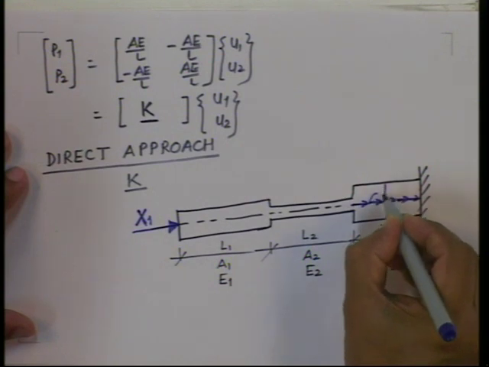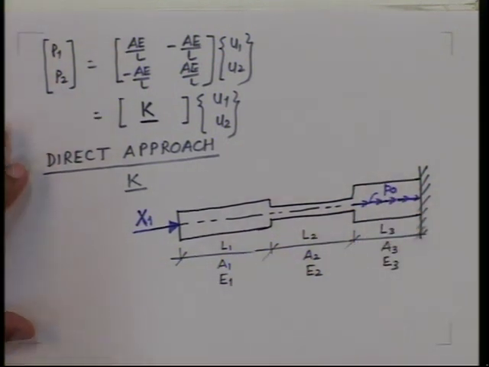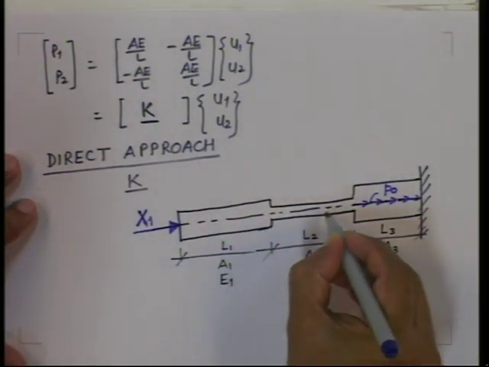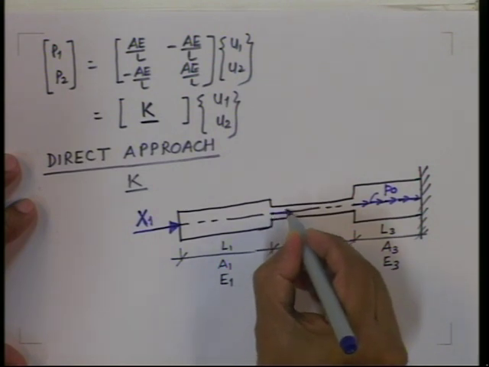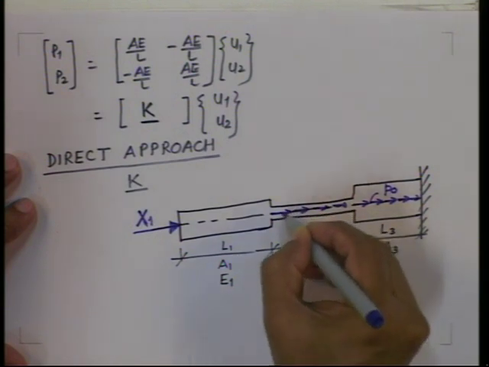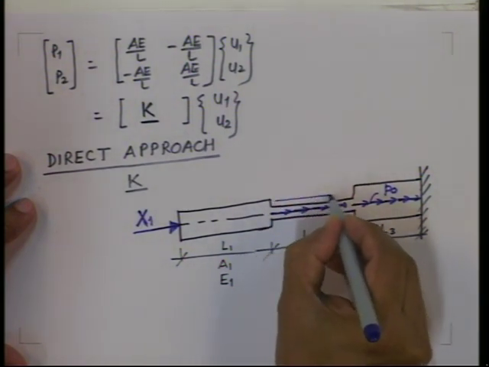This is a distributed load P naught. P naught means constant distributed load, while this one there is a distributed load in the central one which is not constant, but it is linear variation. So, here if you see it varies like this.